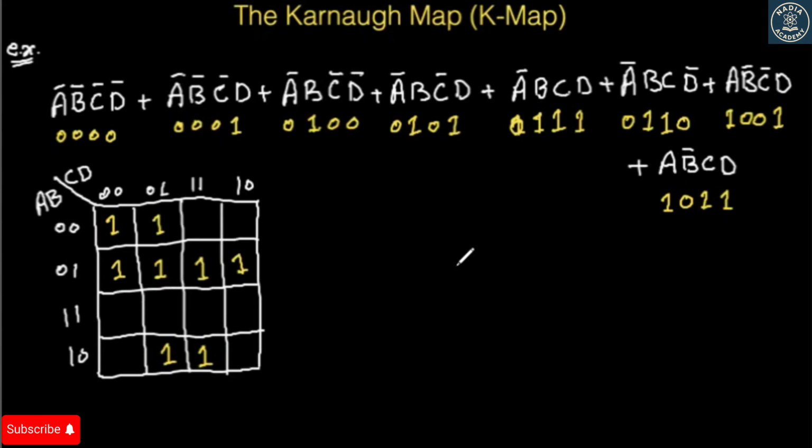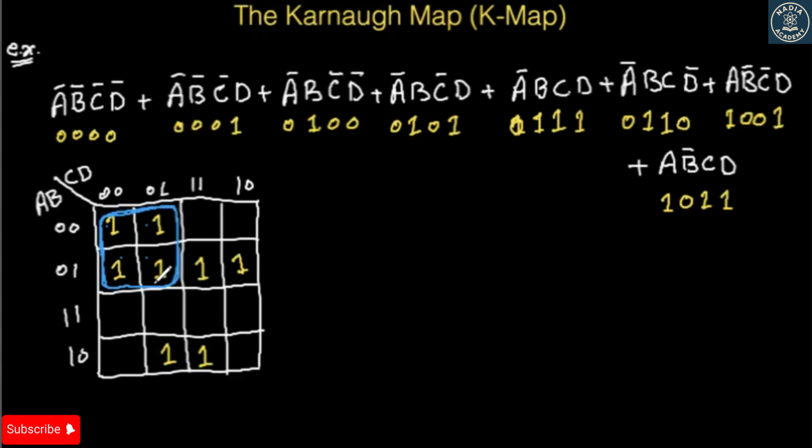Now, let's make the grouping. You can see this one has a neighbor over here and also two neighbors over here. We will make one loop with the 4 elements because we want to make the biggest group. So this is our biggest group.